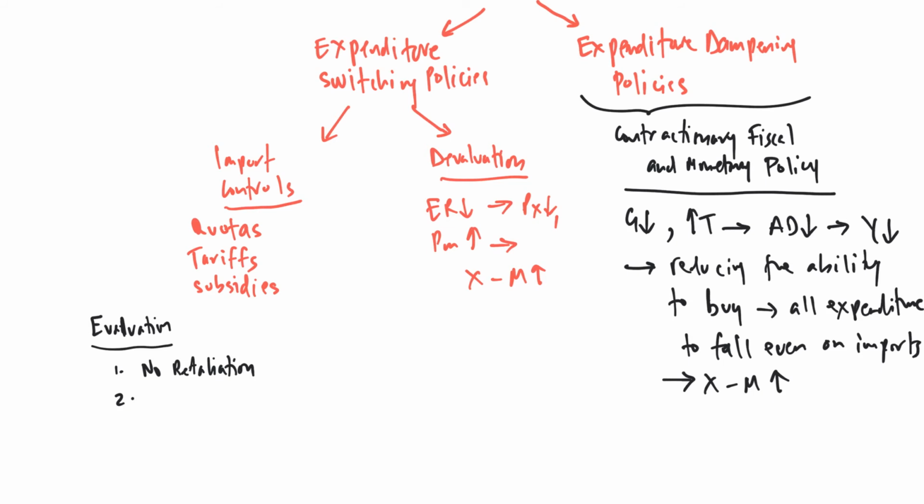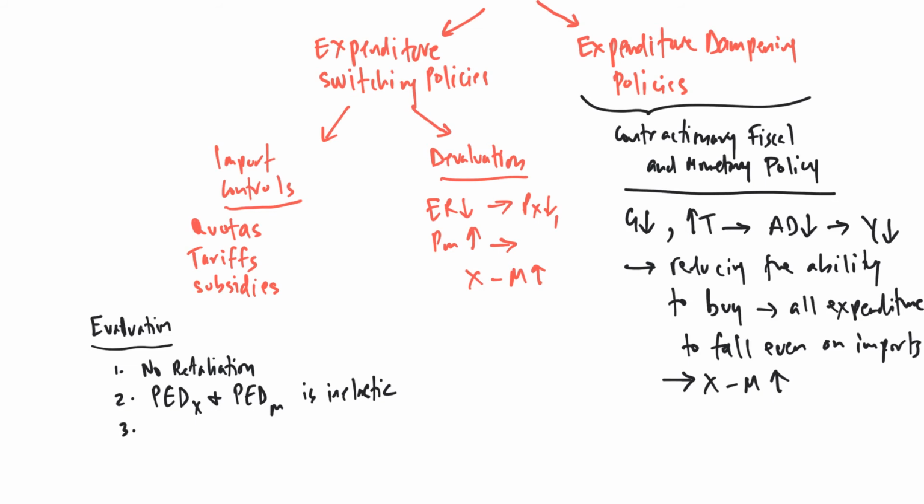If PED for exports and PED for imports is inelastic, that would mean these policies would not be useful, because you're making imports expensive, but ultimately people will still be buying these goods, and that would cause your import expenditure to not improve but worsen. So again, elasticity would matter.